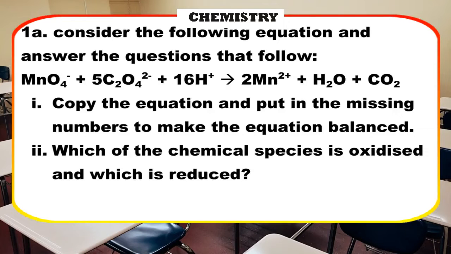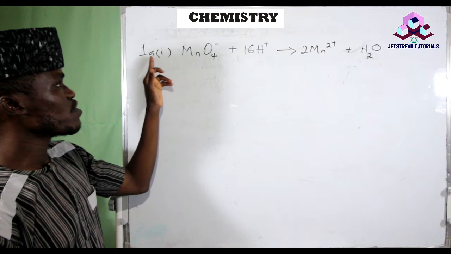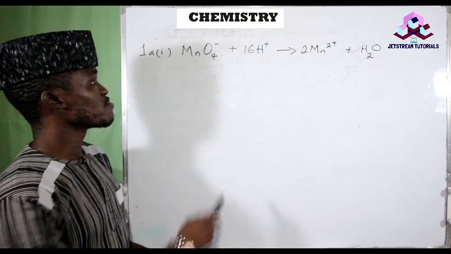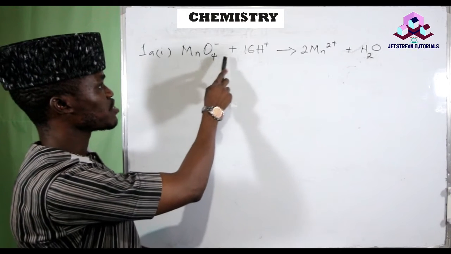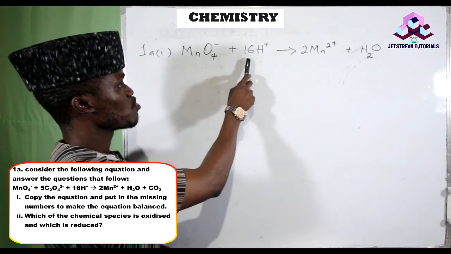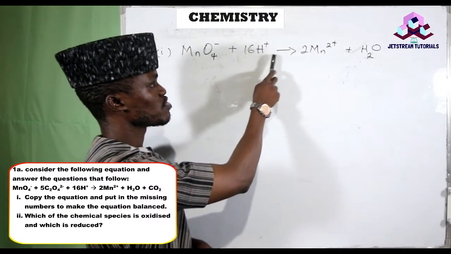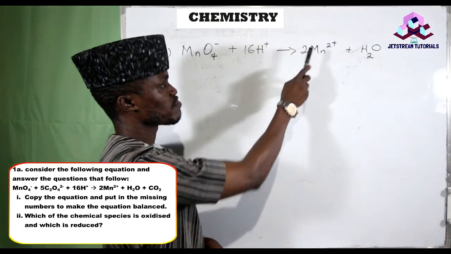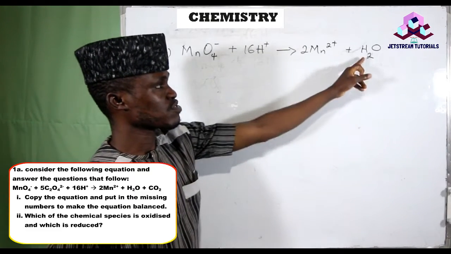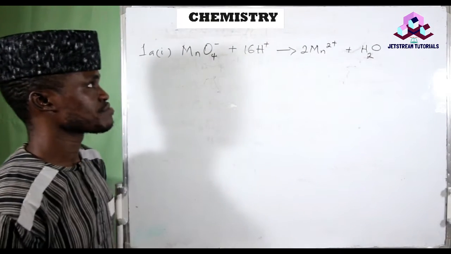In this case, this is a redox reaction, and we can say that it is an oxidation reaction. Question 1A Roman 1, we have 1 mole of permanganate ion reacting with 16 moles of hydrogen proton to give us 2 moles of manganese 2 ion plus 1 mole of water.